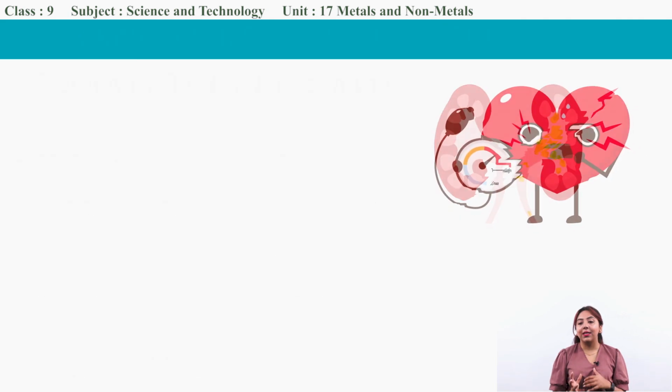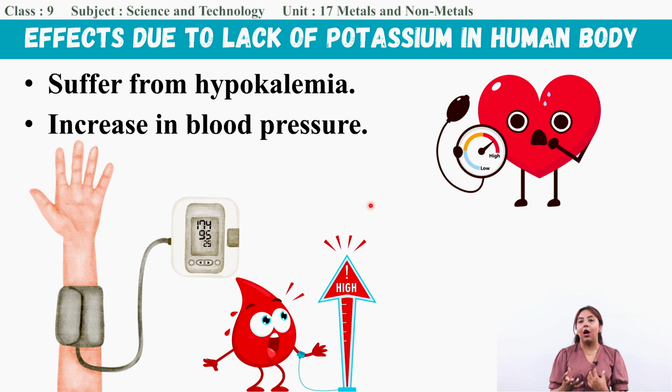Now, there are various effects that our body suffers if we have a deficiency of potassium. The first is that you might suffer from hypokalemia. Hypokalemia is a condition in which the amount of potassium in our body is too low, lower than 3 millimole per liter. Then we can say that we are suffering from hypokalemia. If you suffer from hypokalemia, that is, lack of potassium, it increases the blood pressure.